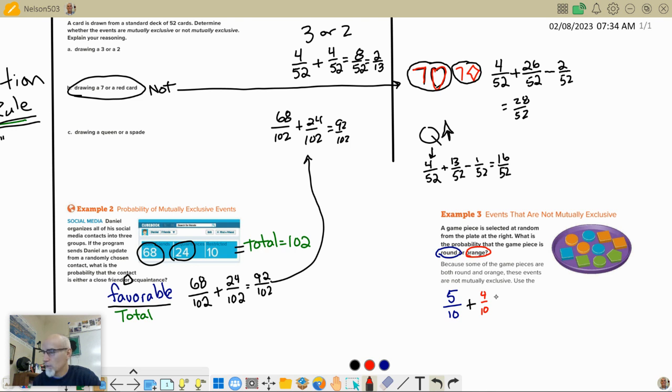That's what makes it not mutually exclusive. We're going to subtract that number. We're going to subtract how many are both round and orange. So there's 2 that really got counted twice, and that's why we're subtracting them out. And so we get 9 minus 2 is 7, 7 out of 10.